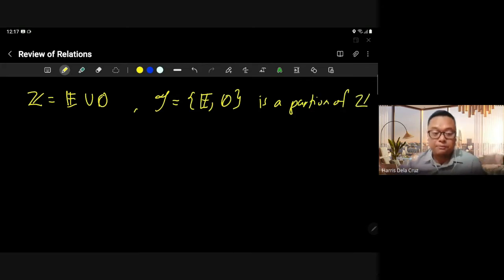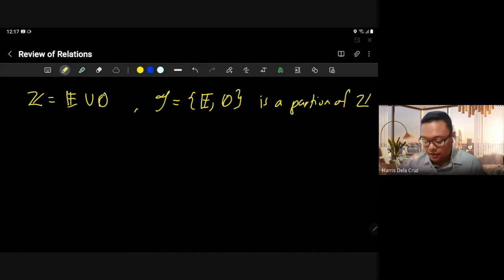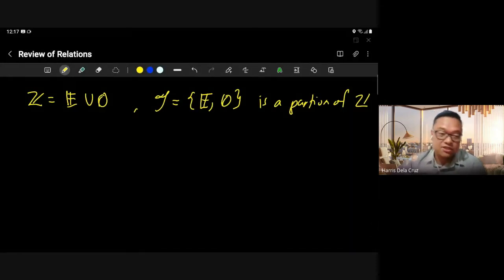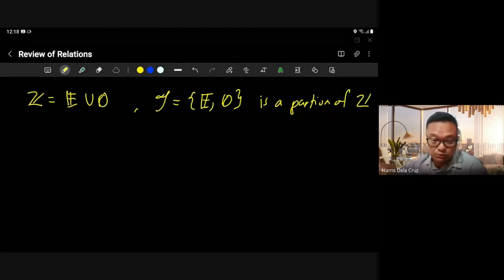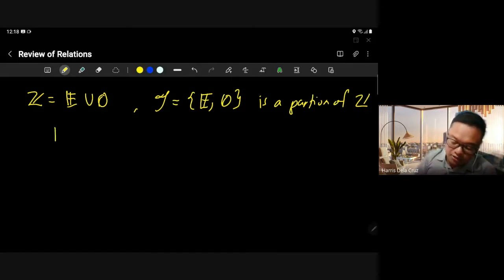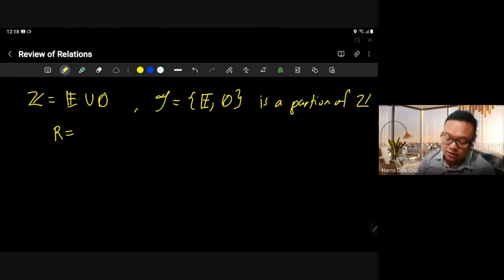Alam natin yan, partition siya ng Z. Since partition siya ng Z, then we must be able to form or to induce a relation which is induced by this partition. So let R be that induced relation.